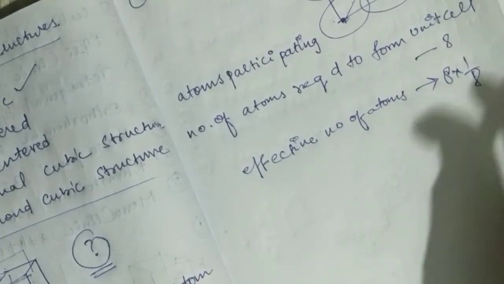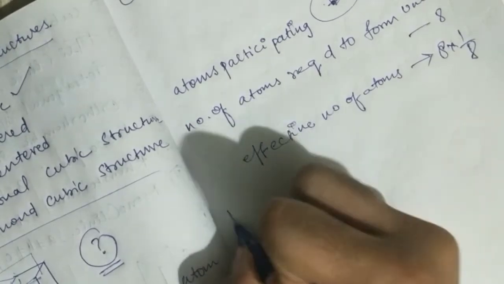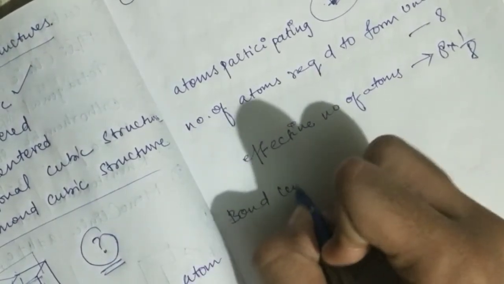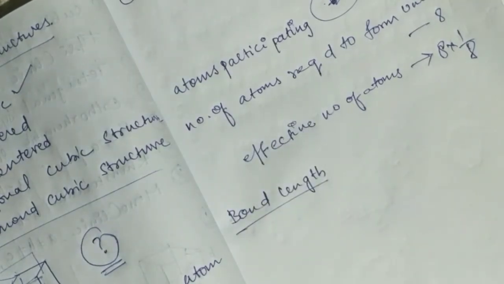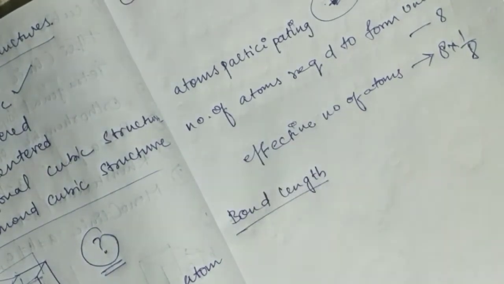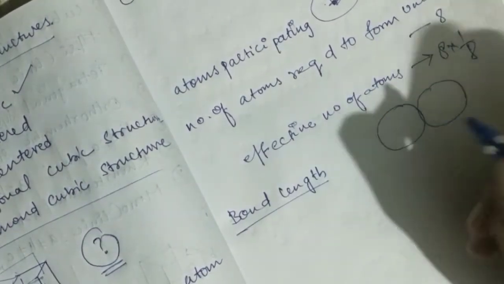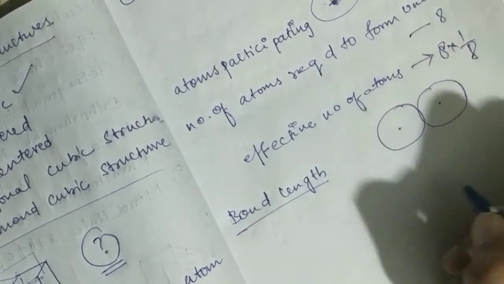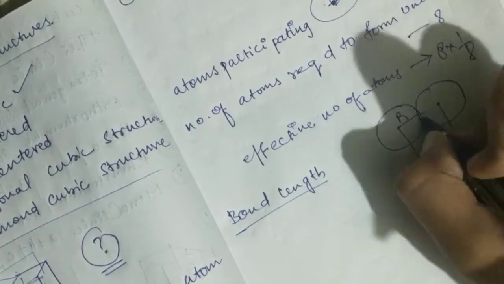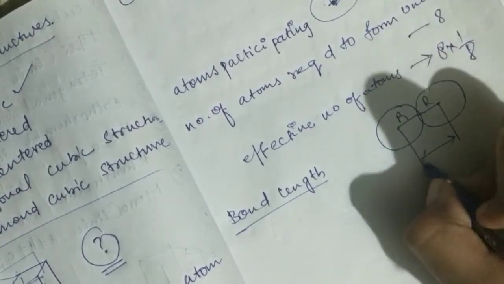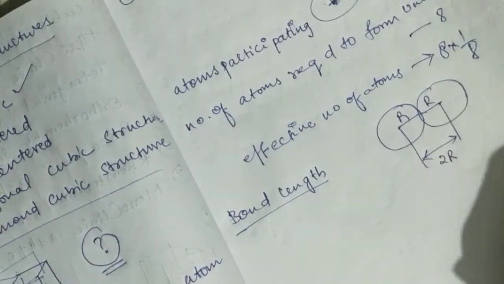And I am going to explain a new term called bond length. Bond length is defined as the distance between two atoms. So this is one atom and this is one atom. The distance between these two: this one is R and this one is R. This is 2R. The distance between two atoms is defined as the bond length.